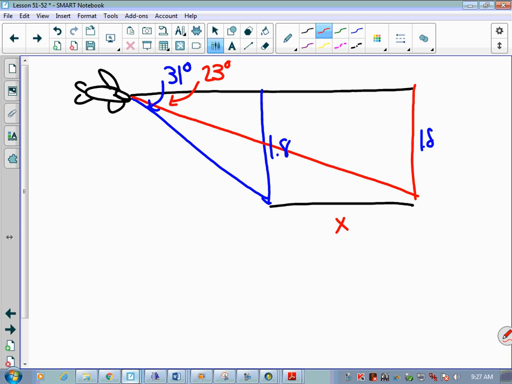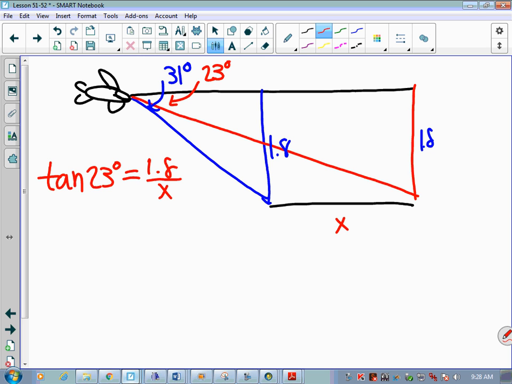Okay, so let's do the distance to the end of the runway first. What that gives me is that I have opposite, I'm looking for adjacent. So what am I using again? Tangent. So I'm going to keep this in red. Tangent 23 equals, what's opposite? 1.8 over x.